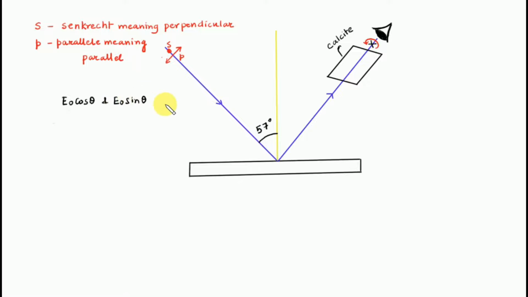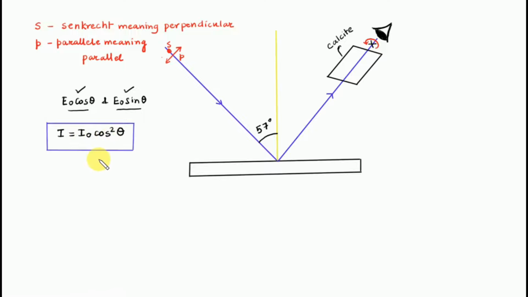This is the perpendicular component. This is the component parallel to the axis or the transmission plane of the calcite crystal. He proposed that the perpendicular component E naught sin theta is blocked, whereas the parallel component E naught cos theta is allowed to pass. Squaring this amplitude relation, the intensity relation is I equals I naught cos square theta. This relation is known as Malus law.